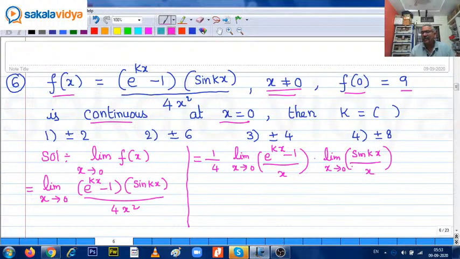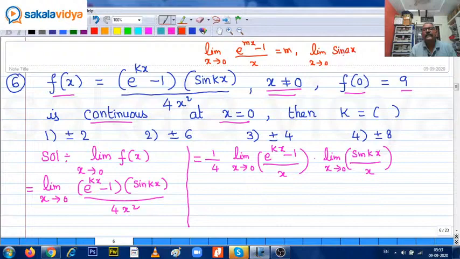So let me discuss some shortcuts also here. Better you remember these shortcuts. Limit x tends to 0, e power mx minus 1 by x is m. And one more shortcut: limit x tends to 0, sin ax upon x is a.